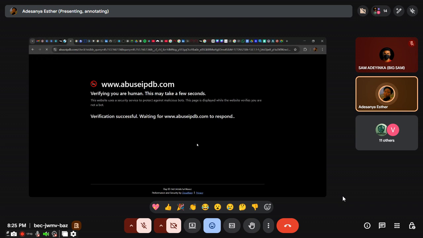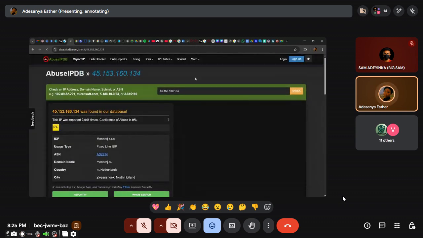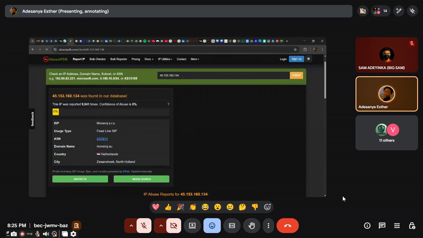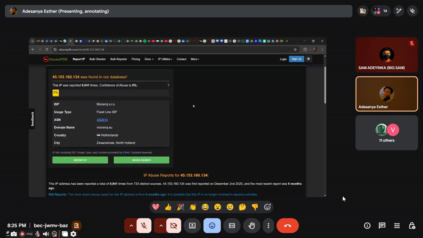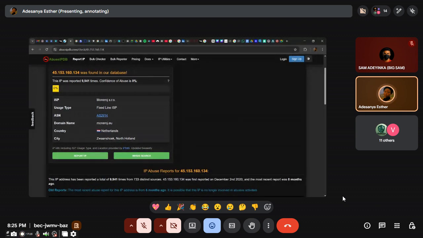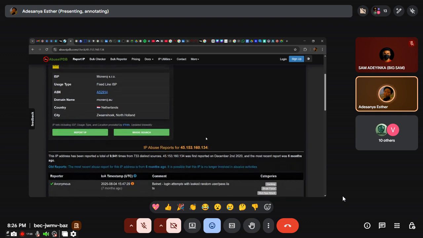So we can use AbuseIPDB to check for information on an IP address. Using this particular one I pasted here, we can see that it was found in this database, and the location, the country, the domain name is there, and even the city too.